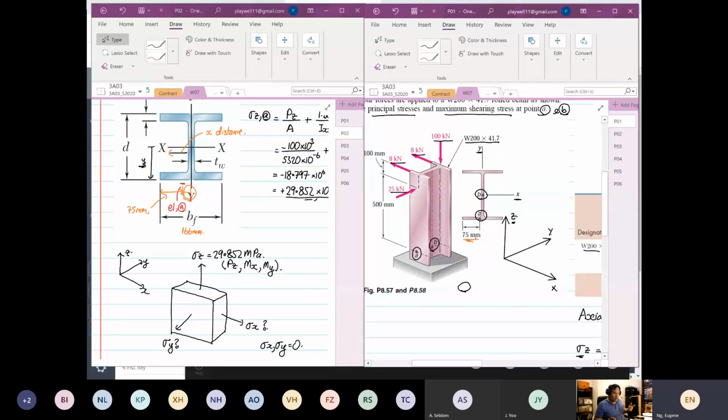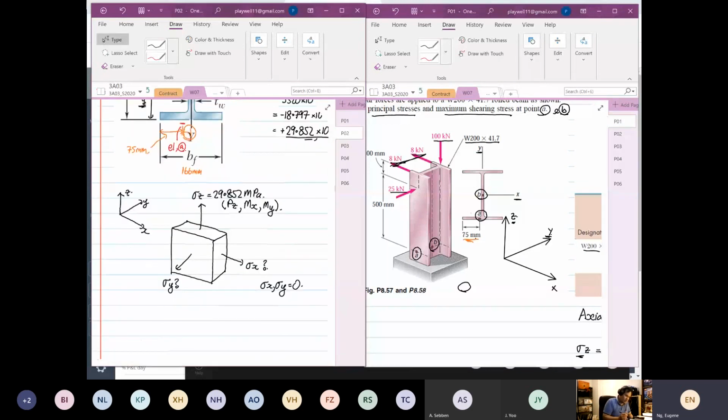The 8 kilonewton that you see down here is not going to induce normal stress. Then in the Y direction, the normal stress is equal to 0 also. That's why I specify stress X and stress Y.